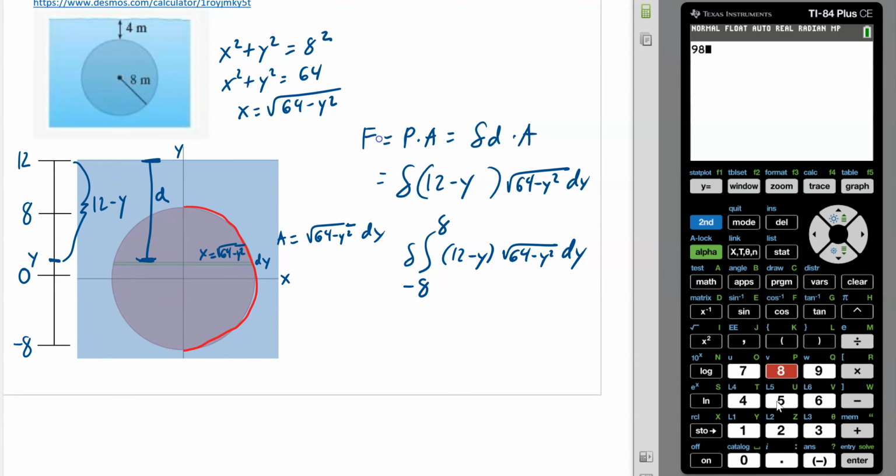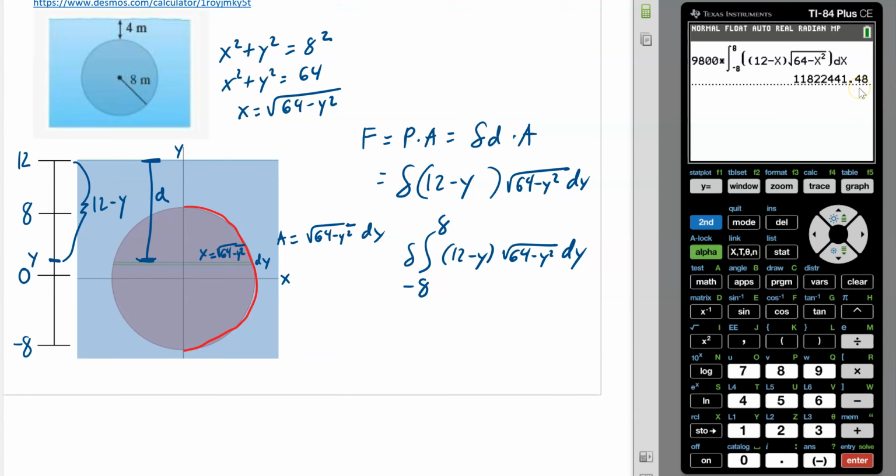So we have 9,800 times the integral, going from -8 to 8, of 12 minus y, times the square root of 64 minus y squared, dy. Hit enter.